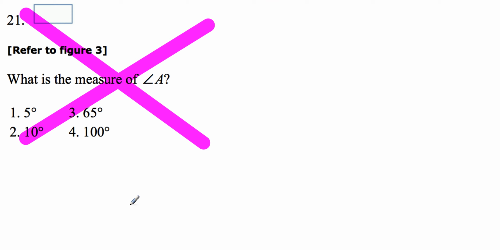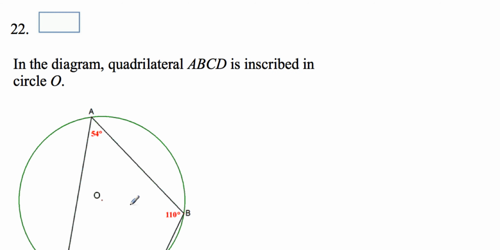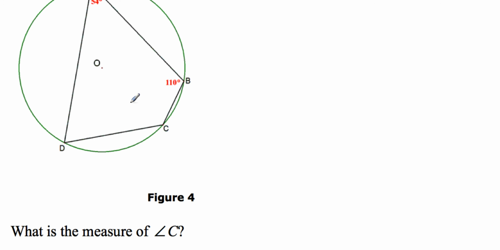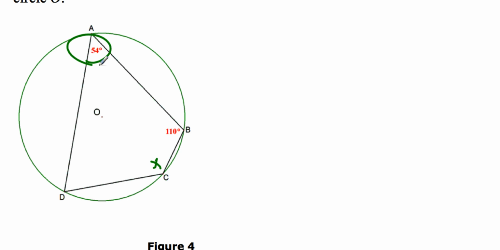All right, we're going to skip number 21, and we're just going to go for number 22. Once again, cyclic quadrilateral, that means the sum of the opposite angles is equal to 180, because that's supplementary. So what is the measure of angle C? That's x. Then opposite of that is angle A. So when you add up these two, it must be 180.